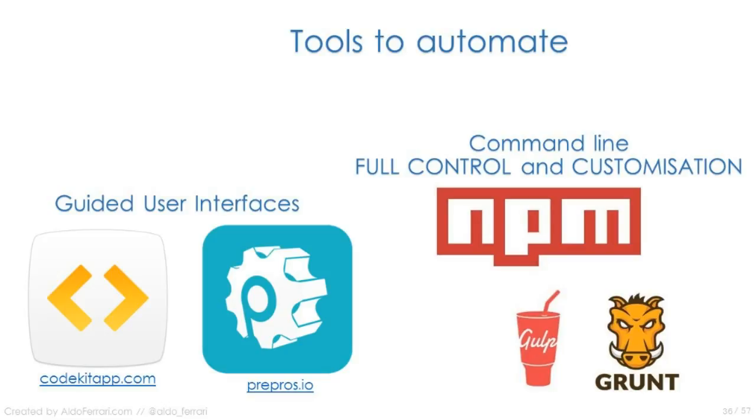And we also have the full control way, what we call front-end automation, via command line and via JavaScript that configures your automation. Today we will speak about graphical user interfaces, so tools. In the next WebEx, we will go deep on full customization, because it's better to start with a product that does it for you, to at least understand the potential and the benefit.